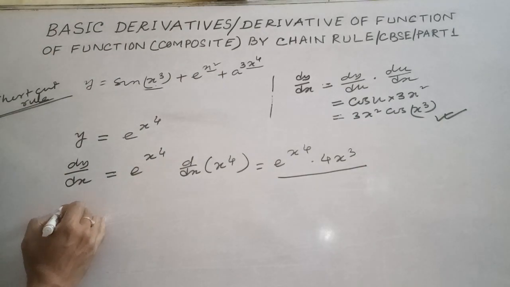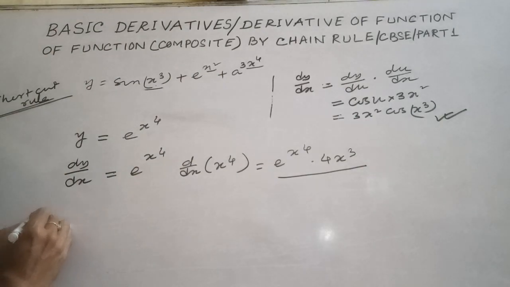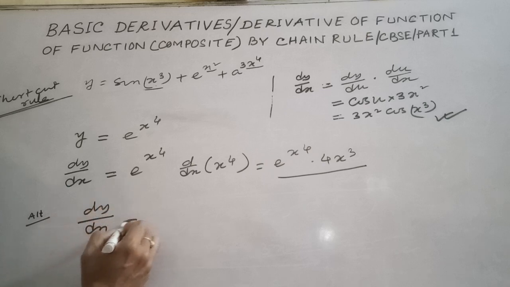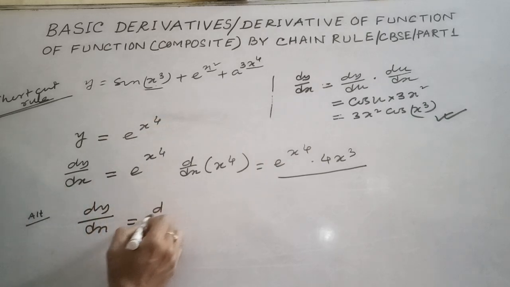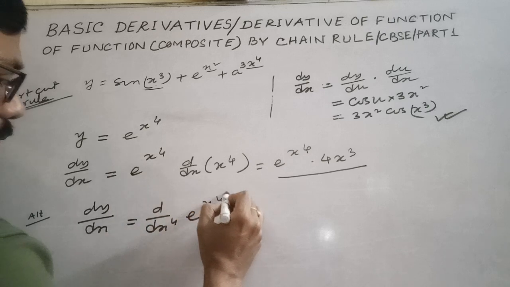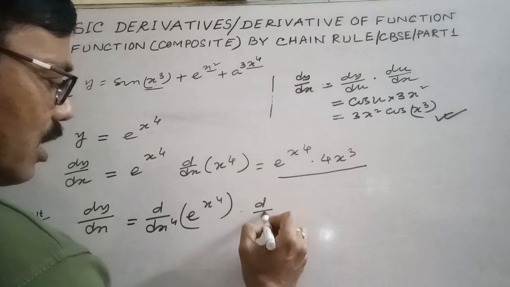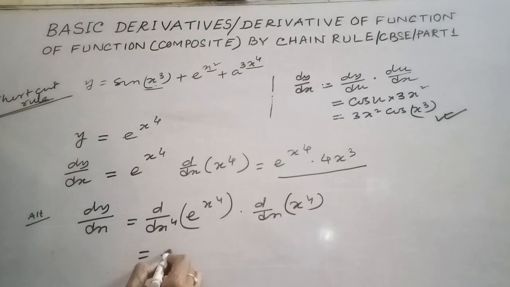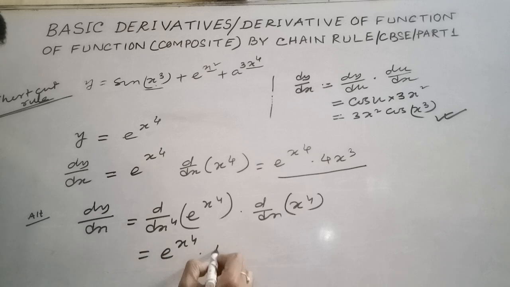Next, the alternative. It is also the chain rule, dy by dx. What is the argument? x to the power 4. So take the derivative with respect to the argument, then d dx of the argument. Now this is e to the power x to the power 4, and this is 4x cube.